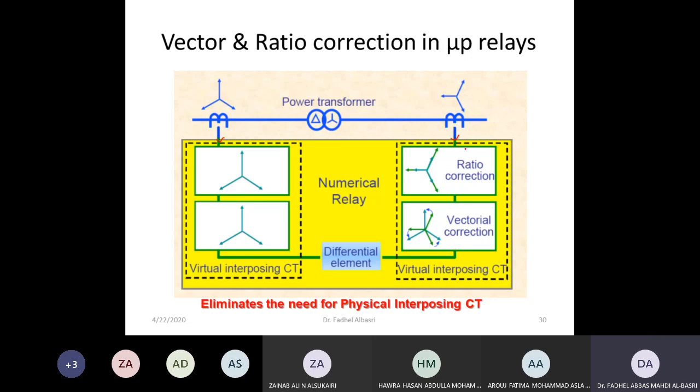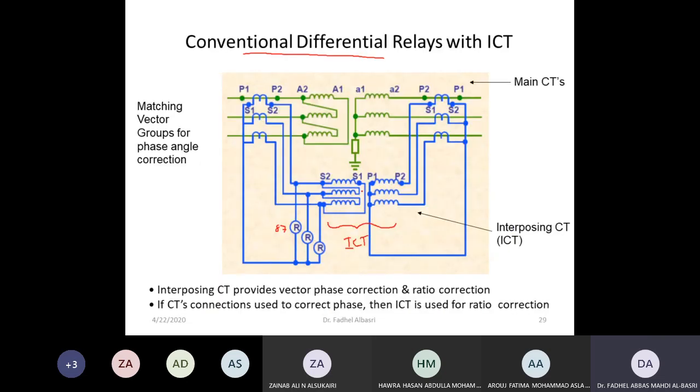Magnitude correction is just multiplying by a factor, and phase correction is rotating the vectors by an angle. So I can do this internally inside the relay without the need for a physical interposing CT.